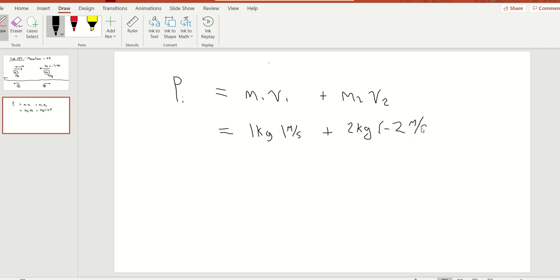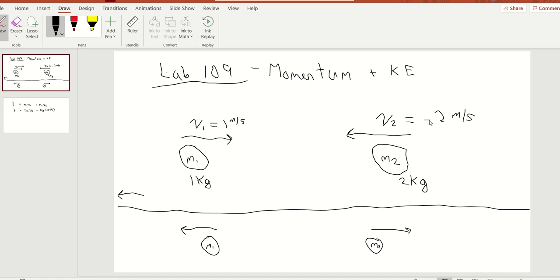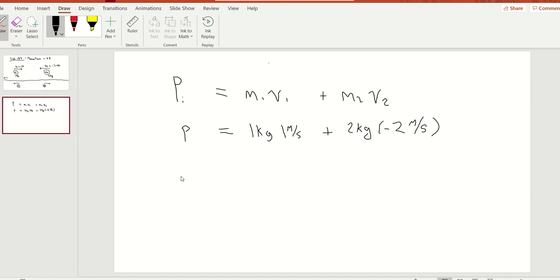The thing with momentum is it's important to remember that because M2 is going this way means negative. This is the negative, so you need to put a negative sign there. So then if you calculate the momentum, you can actually add up these numbers, you get the momentum equal to 1 times 1, which is 1, plus 2 times minus 2, which is minus 4.